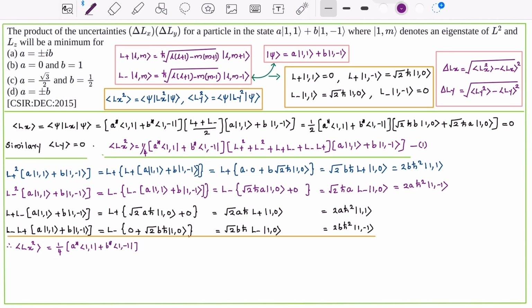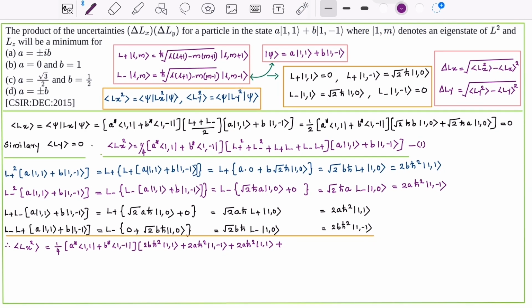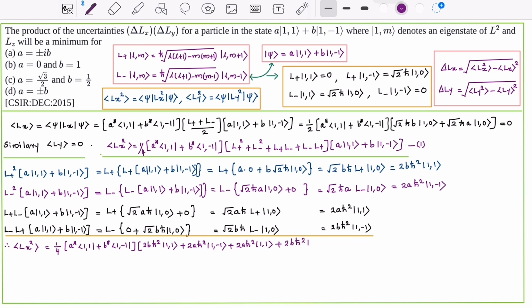Then let us substitute the values of the various terms we have determined: 2B h bar square |1,1> plus 2A h bar square |1,-1> plus 2A h bar square |1,1> plus the last term, 2B h bar square |1,-1>.